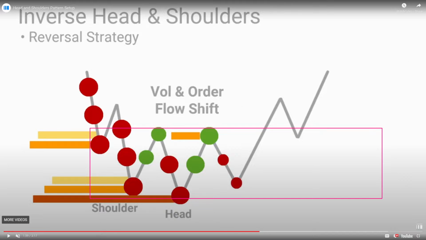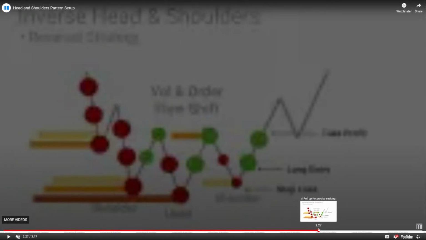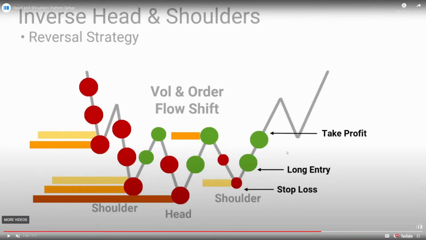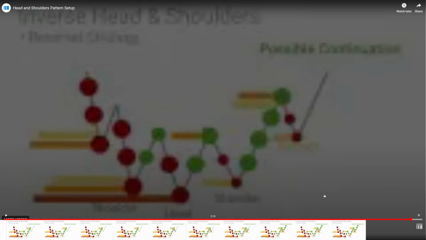But now what we're going to be looking for is less sellers to come in, and then more buyers to start to come in on the other side here. So this is what we're looking for. And this is a very aggressive way of trading an inverse head and shoulders pattern. But I wanted to cover it because we can turn this into a continuation pattern later, which is fantastic.